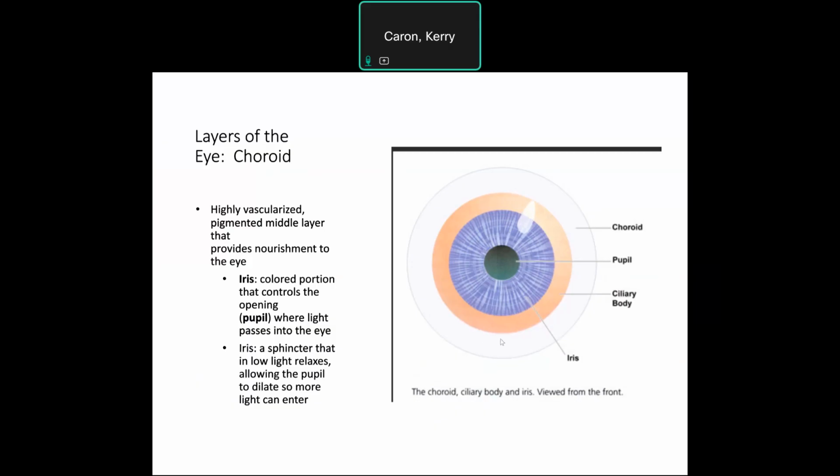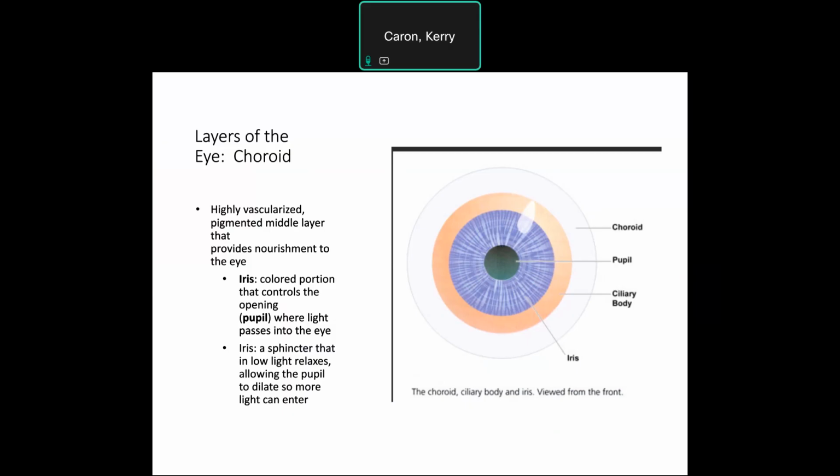Now the choroid. The choroid is the next layer. It's highly vascularized, it's pigmented, it's that middle layer providing nutrients and nourishment and blood flow to the eye. It contains the iris, which I mentioned before is the colored part that controls the opening. The opening is the pupil, and the pupil is where light passes into the eye.